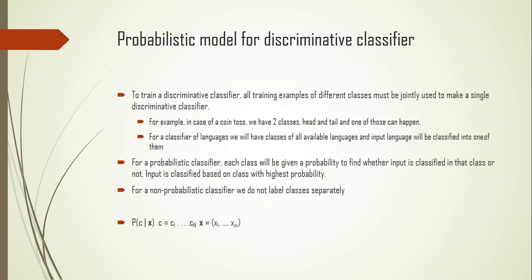For a non-probabilistic classifier, we do not label the classes separately and all the classes are labeled as single. For example, if we have a Word document consisting of m words and we have to classify them into n classes, the probability would be the probability of C given X.